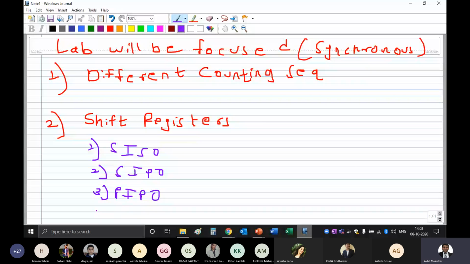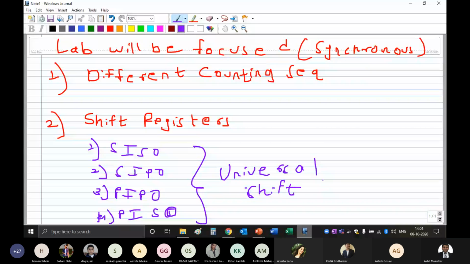And then we have the fourth one, that is parallel in, serial out. So when we combine all this into one big circuit, it is called a universal shift register.